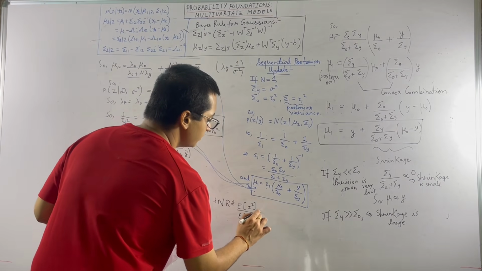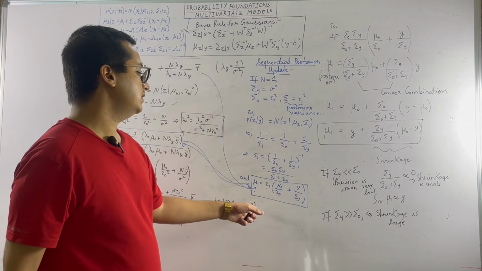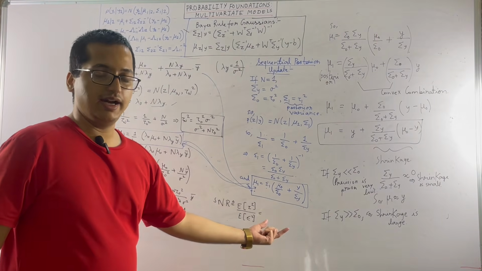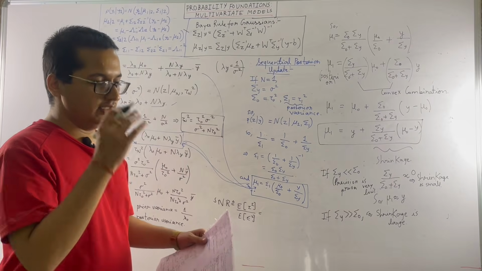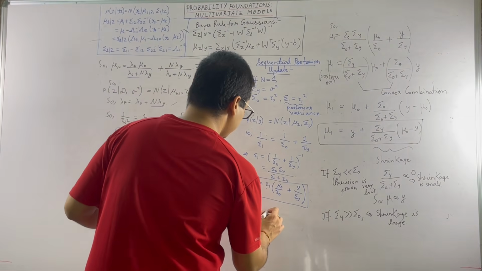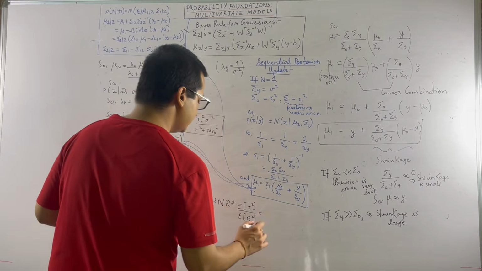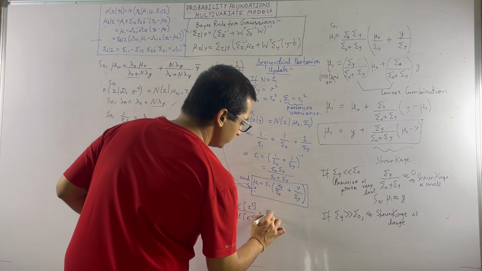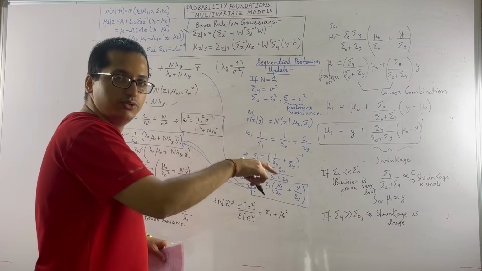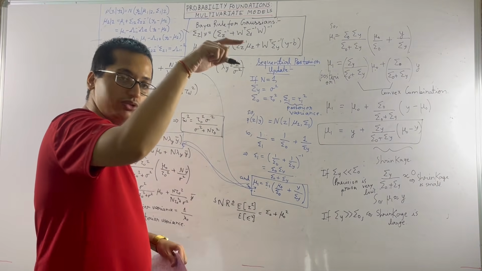Remember the formula: expectation of z square is variance of z plus expectation of z whole square. I wrote this formula in the probability class. So the variance is sigma naught, plus mu naught square, since expectation of z is mu naught, whole squared.